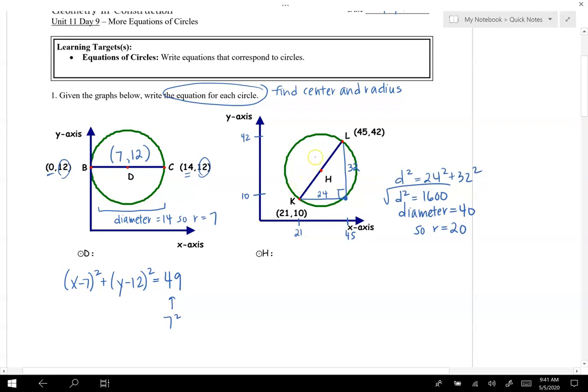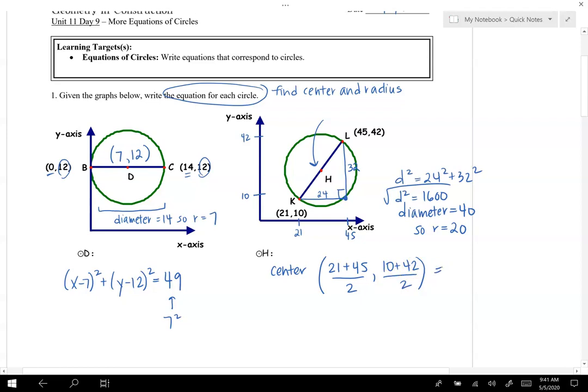Okay, now we have to find the center. It's just the middle number. So when I'm looking for the center, I'm actually just going to take the average of the x values, which means I'm going to add the two x values together and then divide by 2. Then I'm going to take the average of the y values and divide by 2 as well.